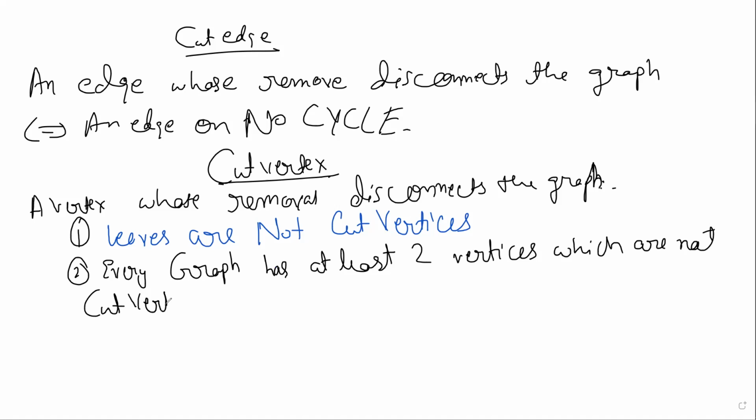So we are not saying you remove them together. No, that's a different thing. That might also work. But the point here is that these two are separately not cut.